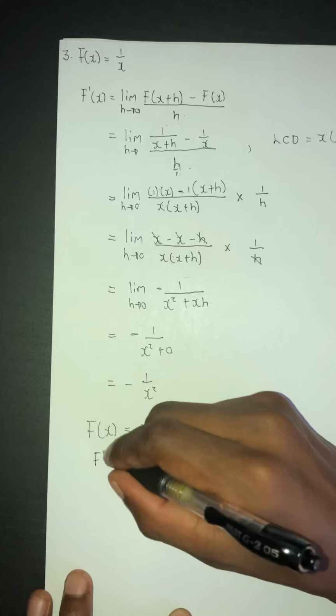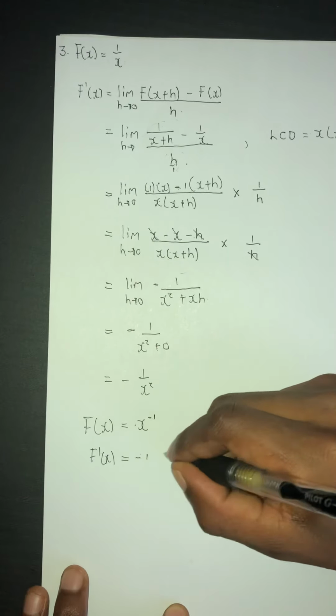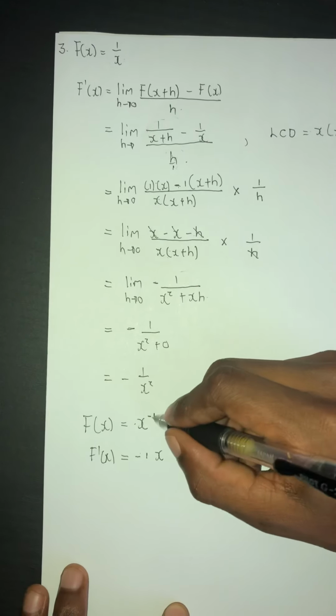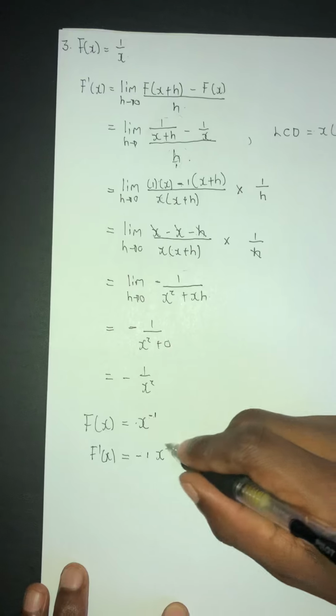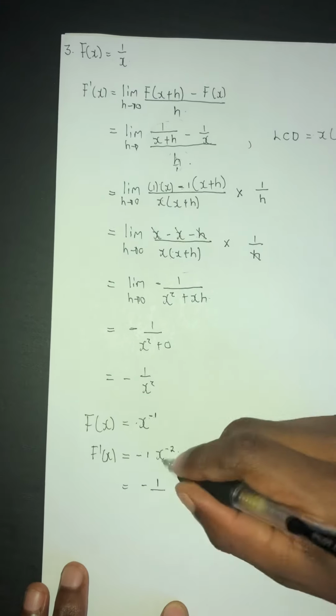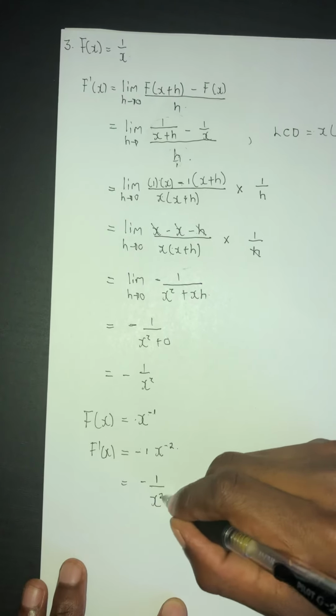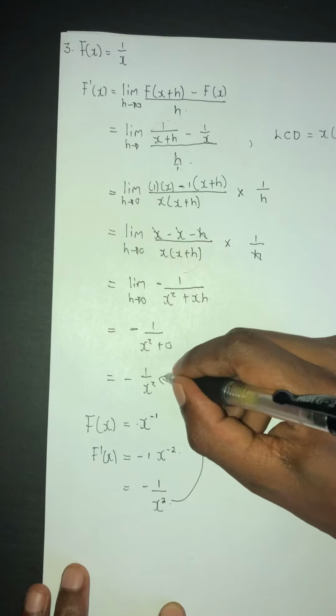Now when I do my f prime of x, you take this, you multiply in front, I'll have negative 1, and then x to the power of negative 1 minus 1, that will be negative 2. If I want to have a positive exponent, I will leave the 1 on top and then take this underneath, then it changes the sign to x squared. As you can see, that is corresponding to this one.